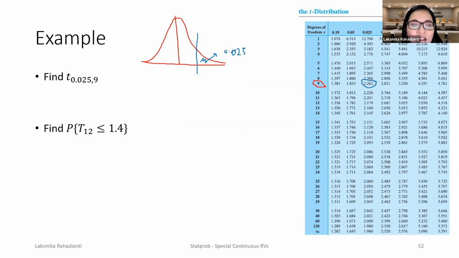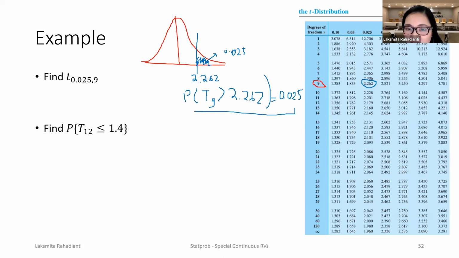So I know that I need to draw my line at this point, which is 2.262. So the probability that T9 is larger than 2.262 is equal to 0.025, the probability here on the right-hand side.